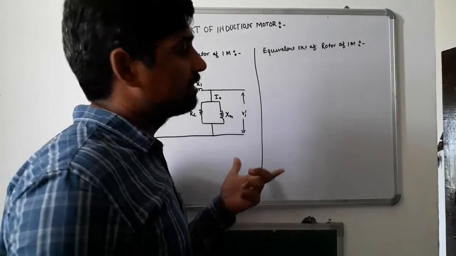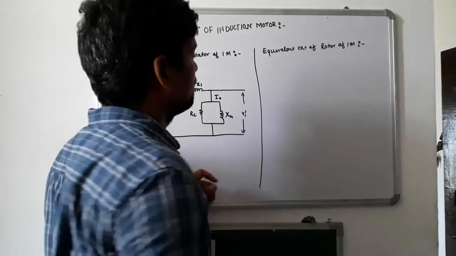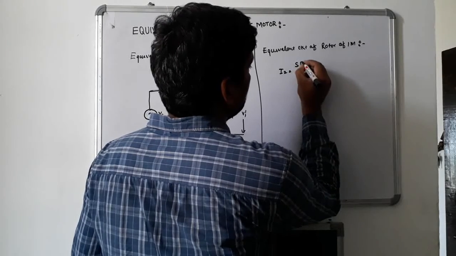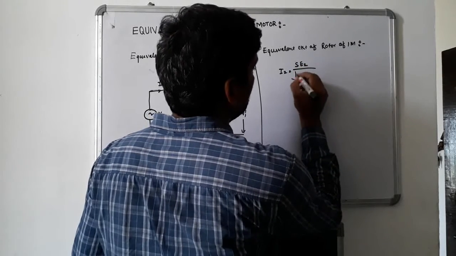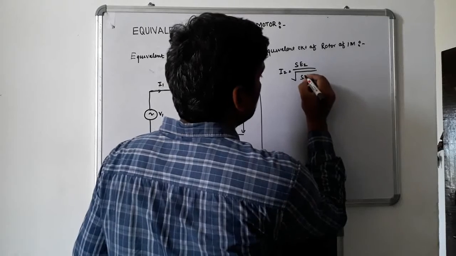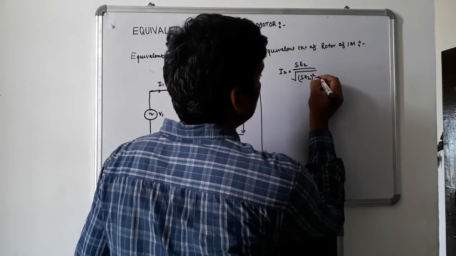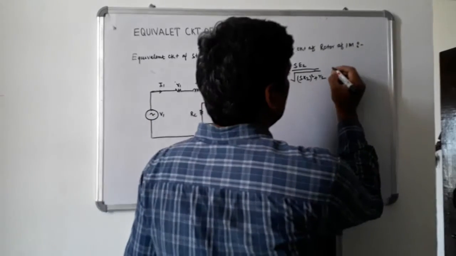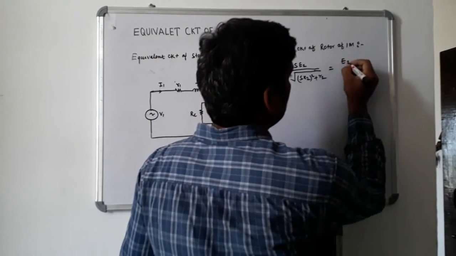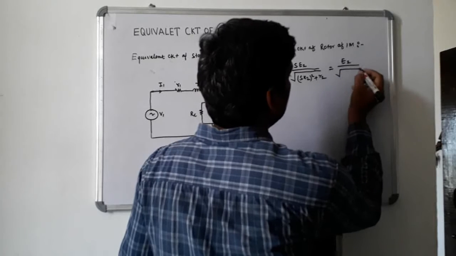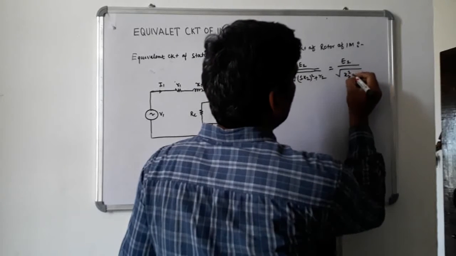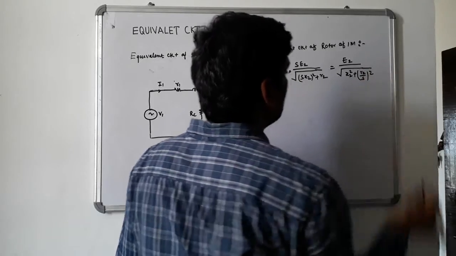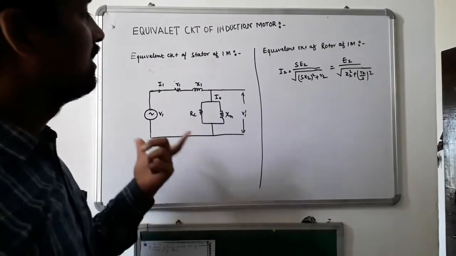In my previous lecture, I derived the equation I2 is equal to SE2 divided by the square root of (SX2) squared plus R2 squared, and this equation is converted to E2 divided by the square root of X2 squared plus (R2 divided by S) squared.